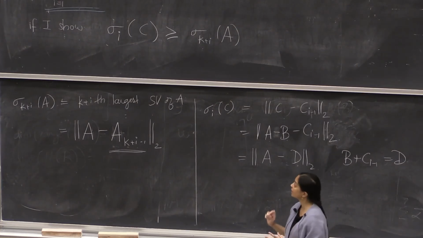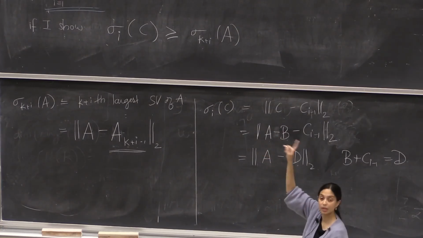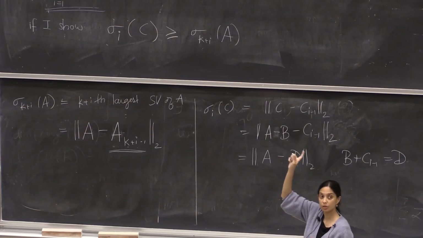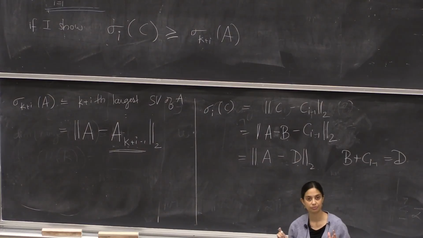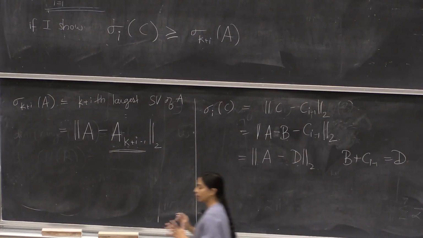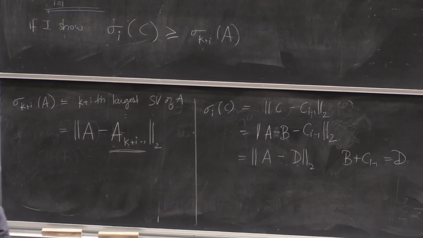We've moved from showing something about the Frobenius norm to showing a relationship between singular values, and we're using the characterization of singular values given by the spectral norm, which is the largest singular value of a matrix.